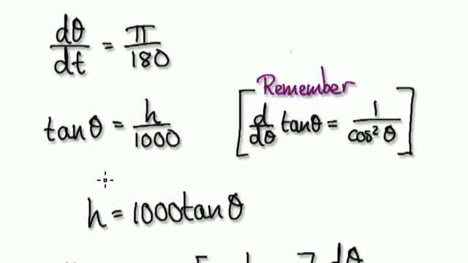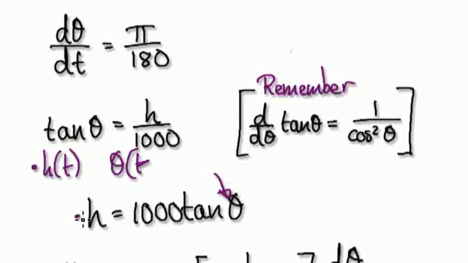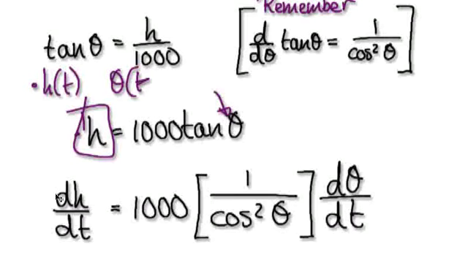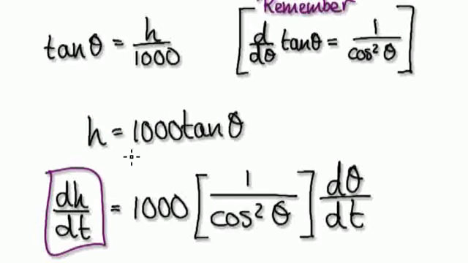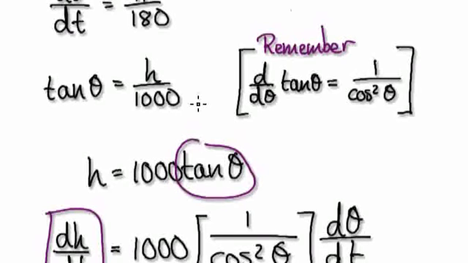Now use implicit differentiation. Don't forget, h is a function of time, and theta is also a function of time. So you differentiate this, but you need to stick the dh by dt there. Differentiate tan, and it will give you this.